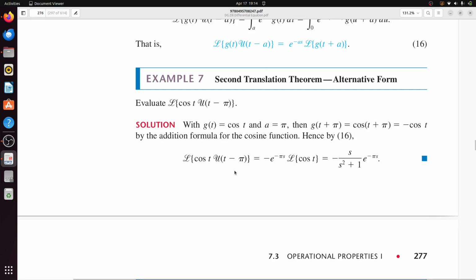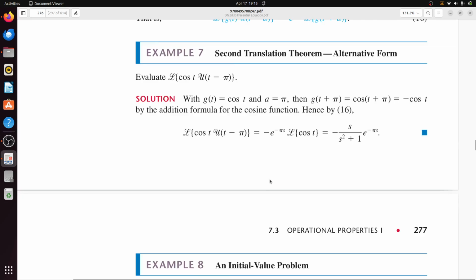So you can write it in terms of minus cos t, and you can just adjust it to cos of t plus pi minus pi. So the inverse Laplace transform of this, the Laplace of cos t, will be minus s by s square plus 1 into e to the power minus pi s.